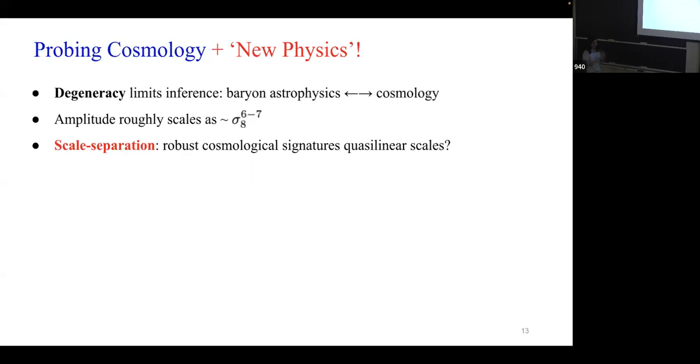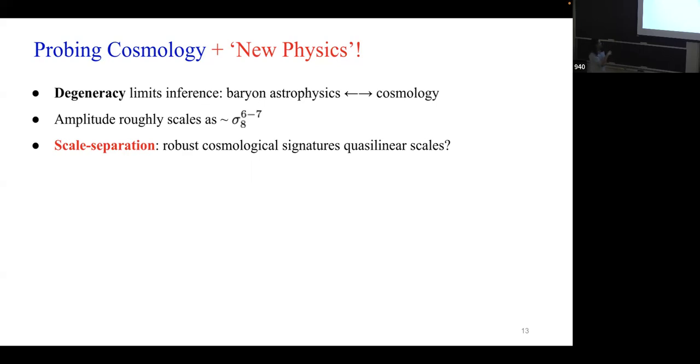And that can be taken care of in different ways depending on the estimator. In our case, we include a free amplitude as a nuisance parameter, sort of, to account for the uncertainty on the baryonic astrophysics side, or how the gas is distributed.